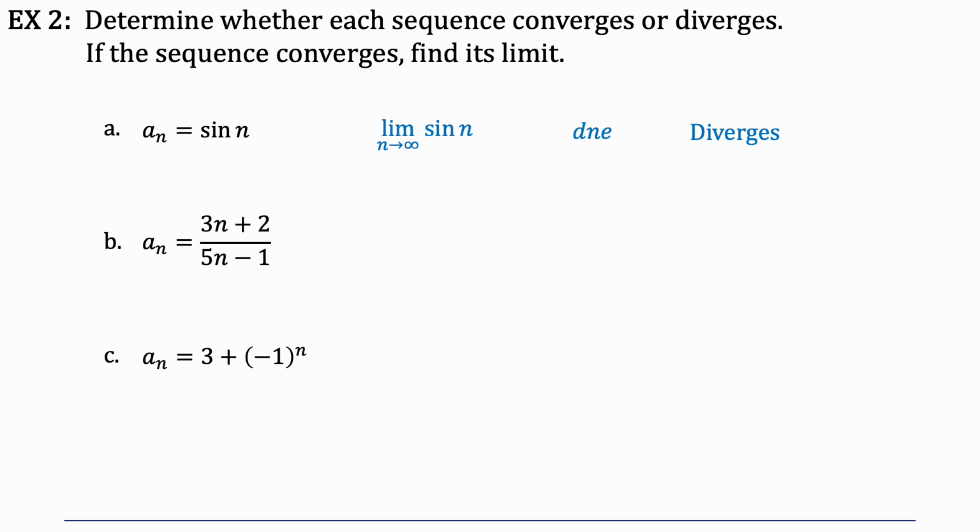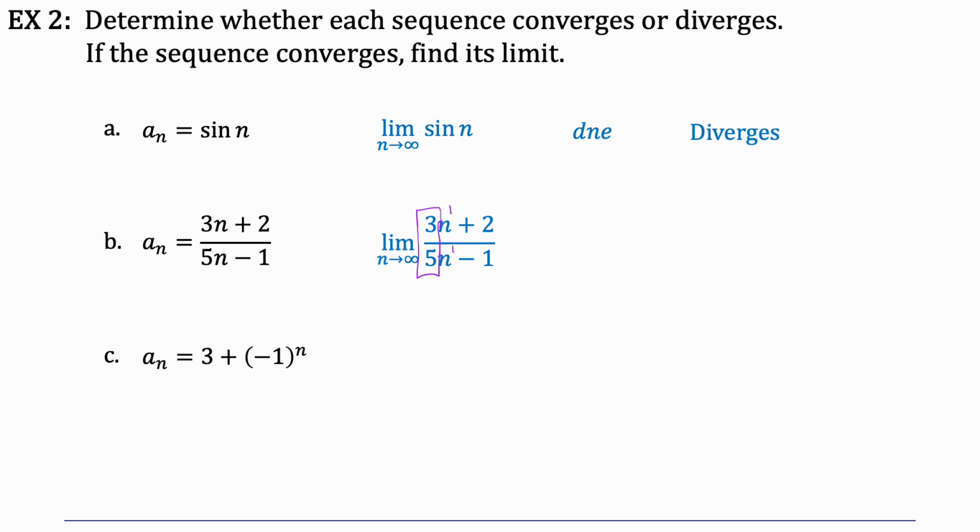B, if a sub n is 3n plus 2 over 5n minus 1, what happens? Well, let's take the limit as n approaches infinity. And, oh, look at this. This is talking about the end behavior of a function. And since the powers match, there's n to the 1 on top and n to the 1 on the bottom, we can just look at the coefficients.